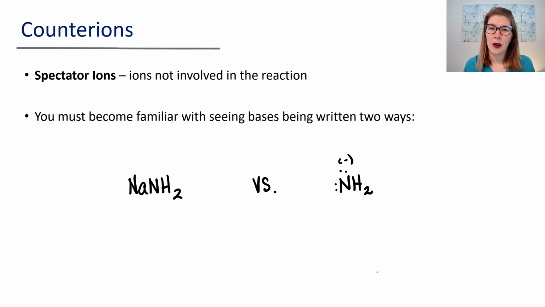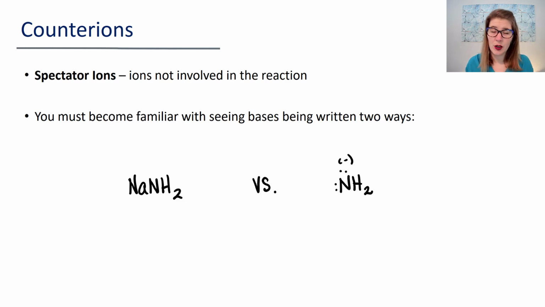One other thing I want to point out in this chapter is the counter ions that you may see when we're drawing bases. When you were in general chemistry, you saw spectator ions, and those spectator ions were just there to get the ion that you cared about into the reaction. And we're going to see those pop up again in organic chemistry.